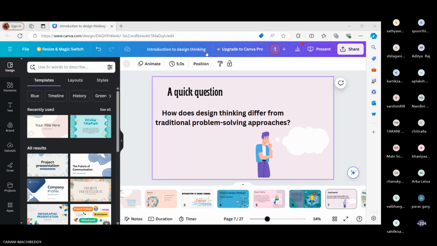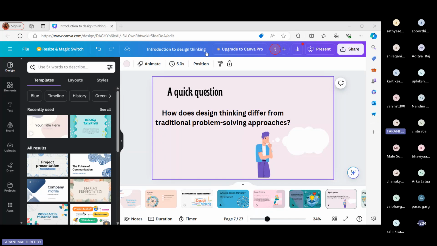And as someone mentioned, traditional thinking is a linear process, whereas this is a non-linear process that goes through empathy, emotion, ideation, those things.